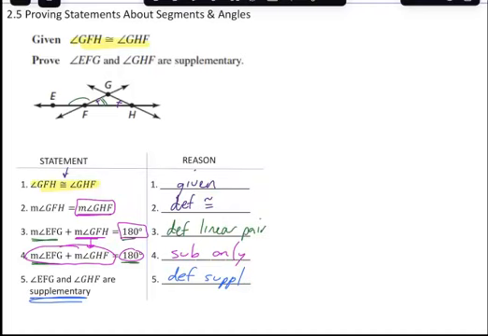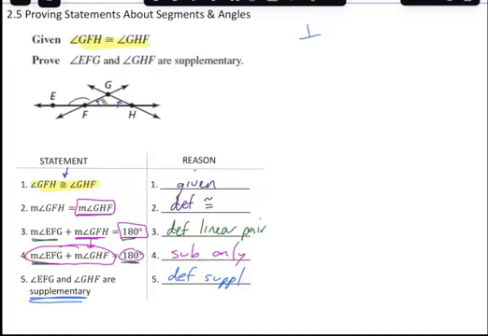I can't remember if we talked about perpendicular in the notes, but perpendicular was part of the if and only if biconditional statements: two lines are perpendicular if and only if they intersect at a right angle, and that is the definition of perpendicular. It means that the angles that are formed are going to be 90-degree angles.